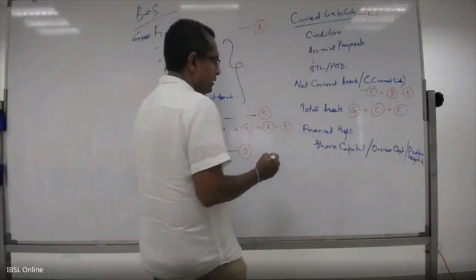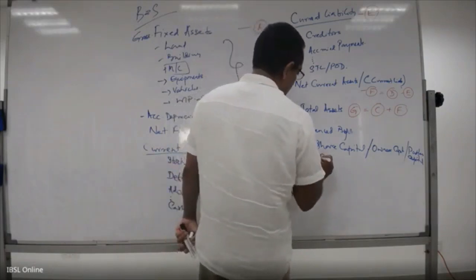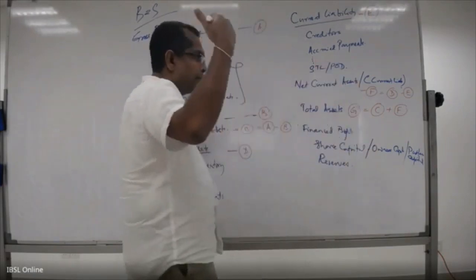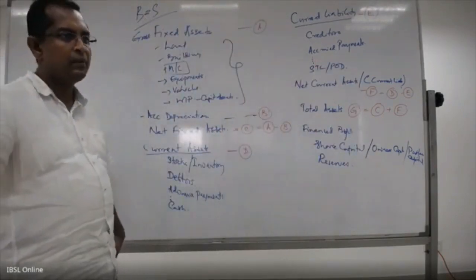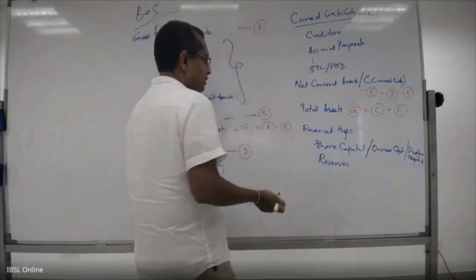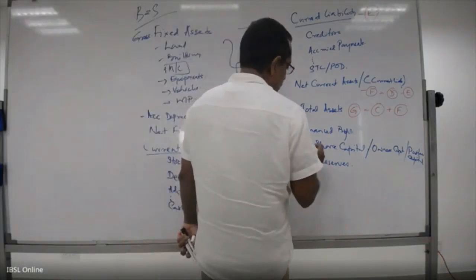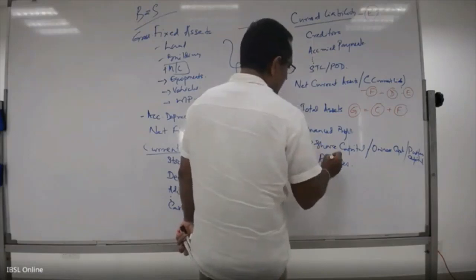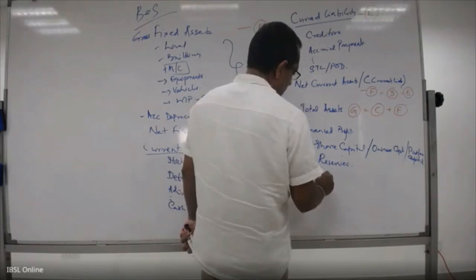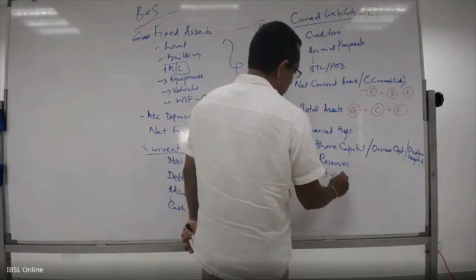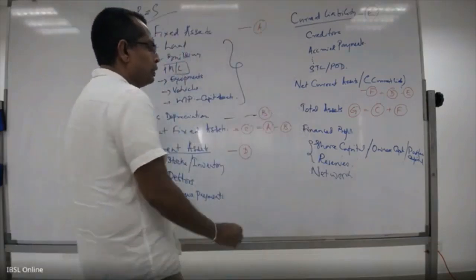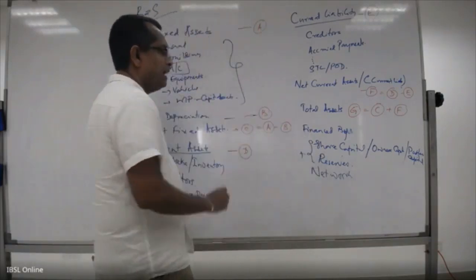Then we have reserves, that is the profit we generated from P&L, it comes here, accumulated reserves, right? Together, if it is a company, we call these two together net worth.